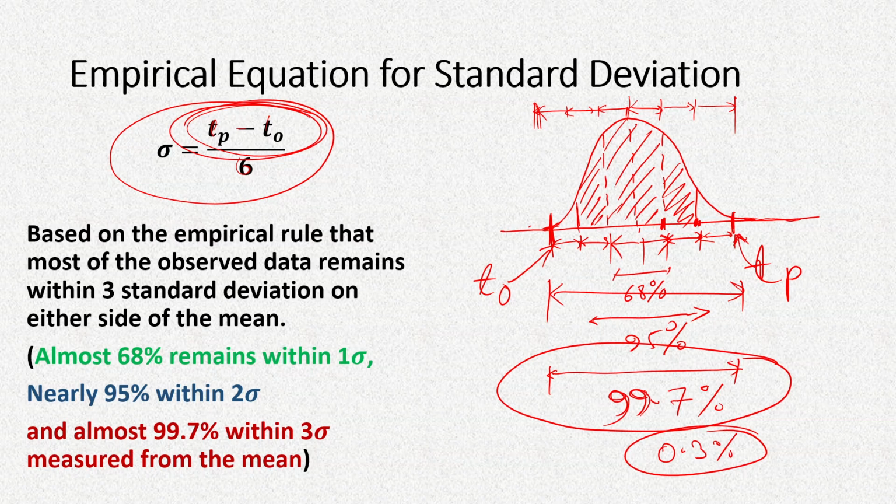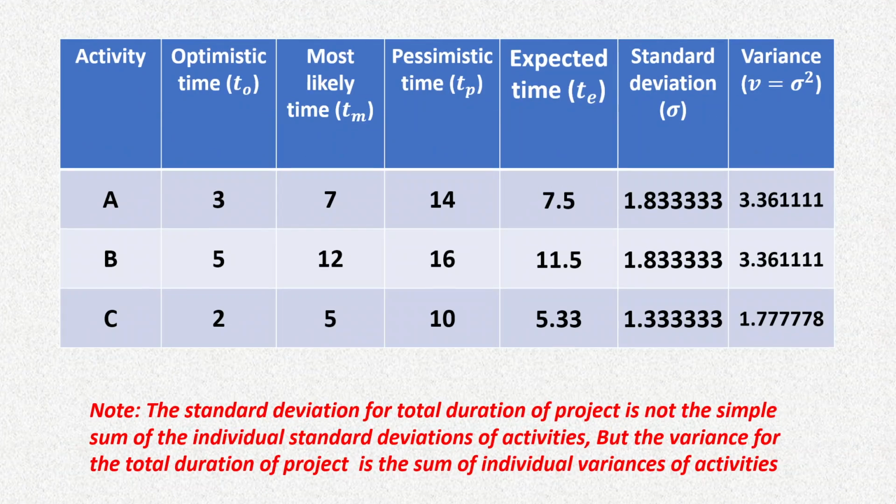Now that we can find out the standard deviations, in the previous example, we'll add 2 more of these columns. Remember, these variances are also calculated. However, we are not calculating variance first. We are calculating standard deviations from our empirical equation, and then finding out this variance as the square of that.